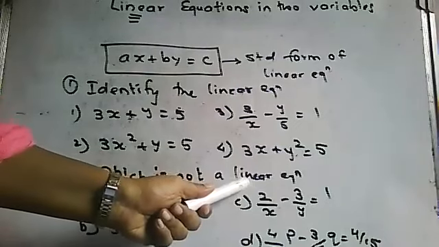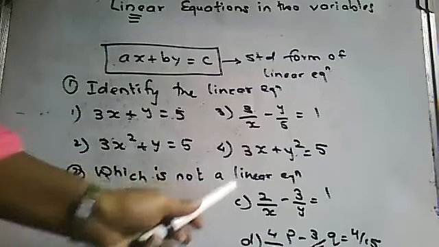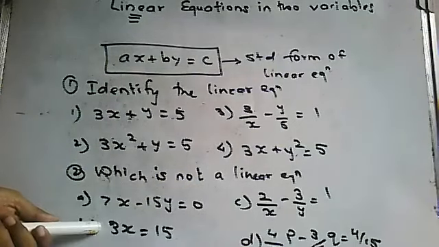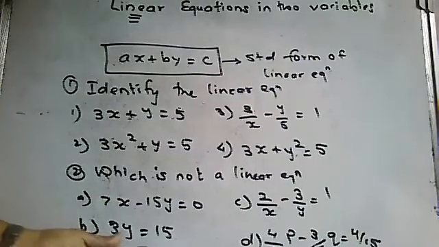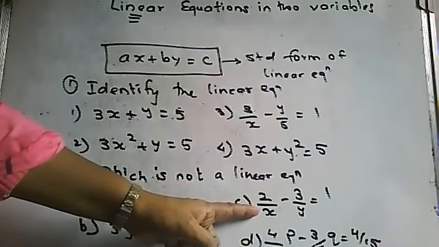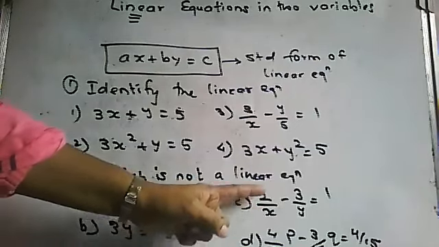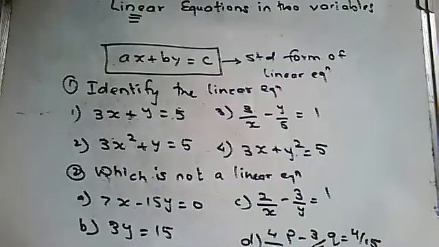They have asked which is not a linear equation, and two variables are not mentioned, so this would be a linear equation. Or if I write 3y is equal to 15, still it is a linear equation, because the degree is 1 over here. But in this case, the degree will be minus 1. The power will be minus 1. So this is not a linear equation.